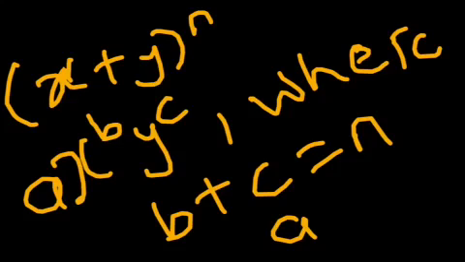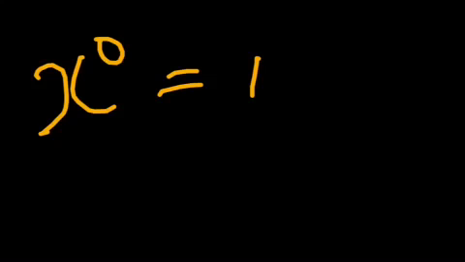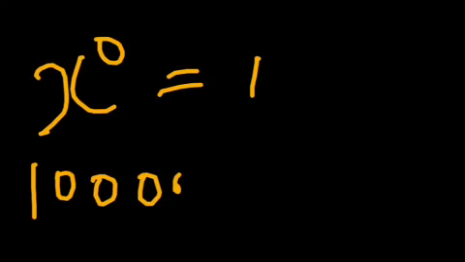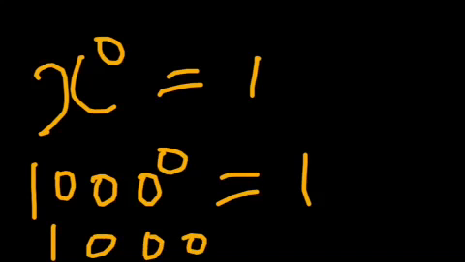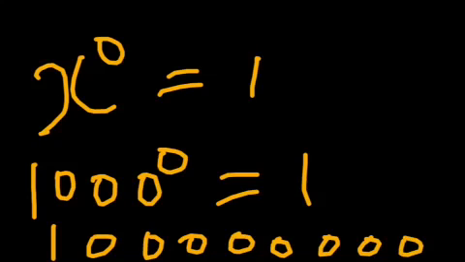First thing, anything to the power of 0 is equal to 1. So x to the power of 0 is equal to 1. 1000 to the power of 0 is equal to 1. 1 million, or whatever number, to the power of 0 is equal to 1.